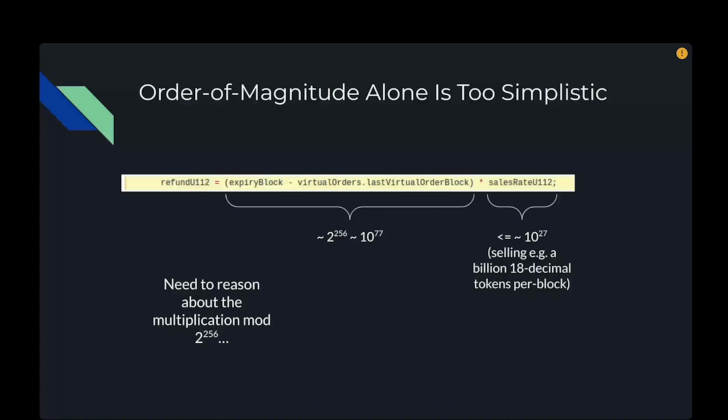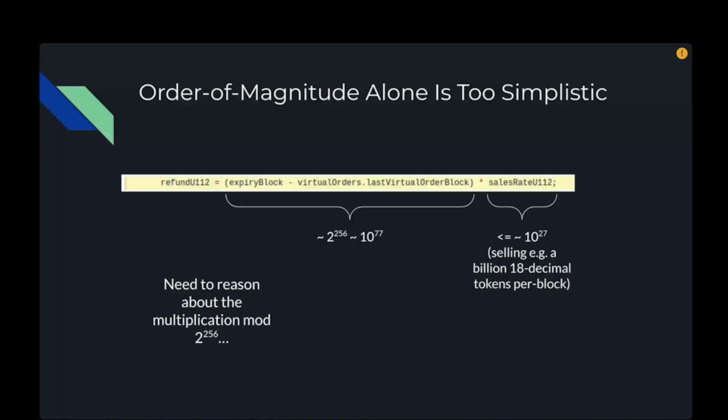So we can do our basic order of magnitude analysis. This difference of the expiry block, the block the order expires in, minus the last virtual order block, which is the last block that was processed by the AMM, is always going to be basically 2 to the 256.